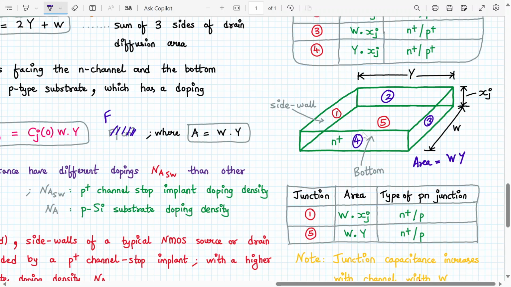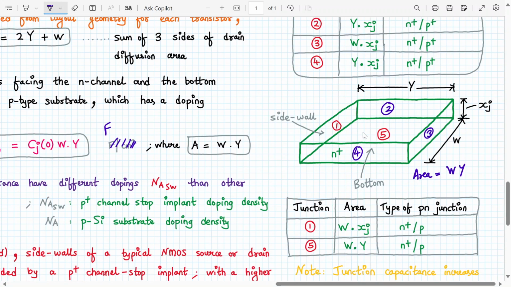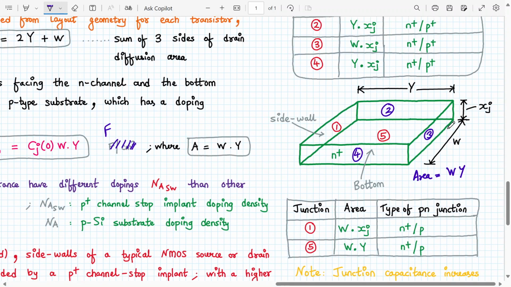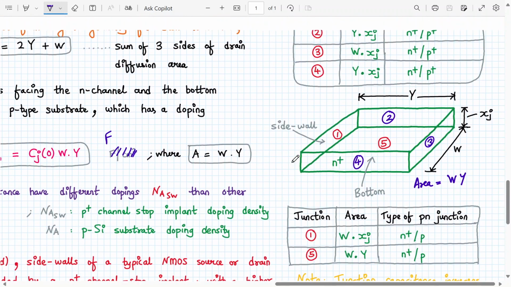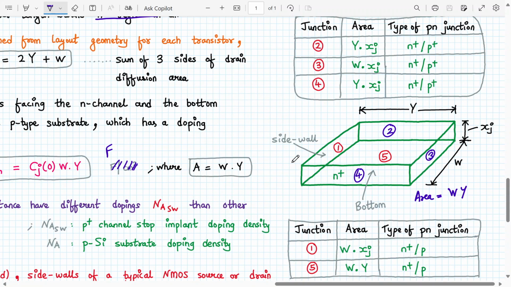Remember that the junction capacitance will increase with the channel width. If I increase my channel width, the junction capacitance associated with it increases, because we have W mostly everywhere. That's a very important aspect. So please complete this table: junction, area, type of the PN junction, and this diagram.